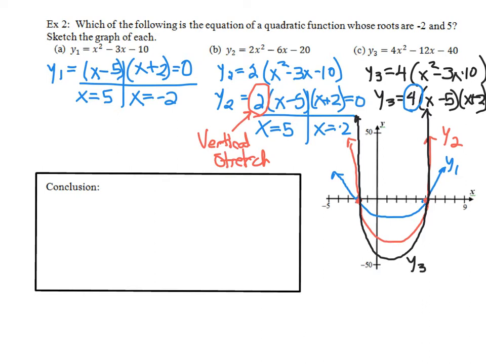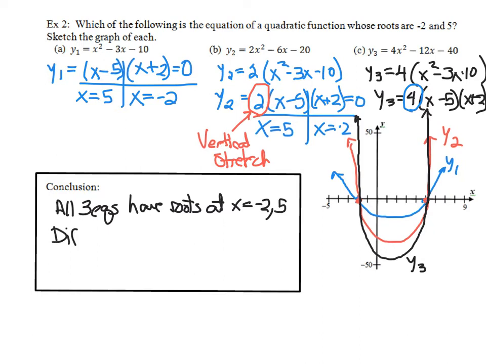So what we notice as a conclusion here is that all three equations do have roots at x equals -2 and x equals 5. But what's different about them is that they each had a different leading coefficient.